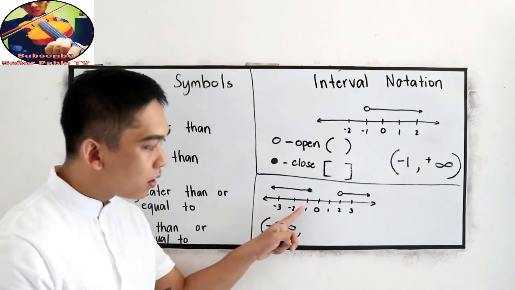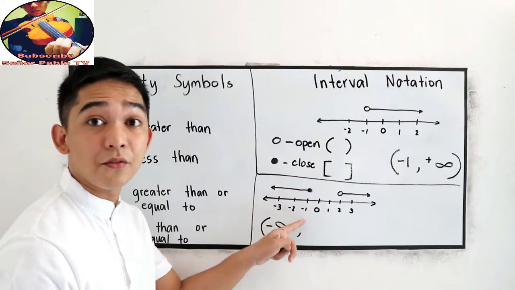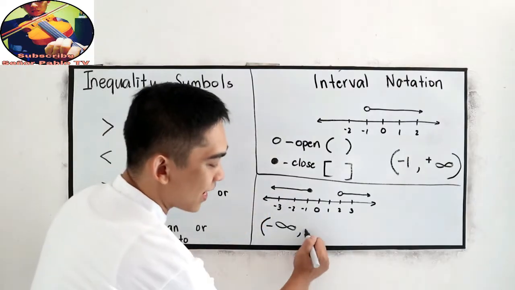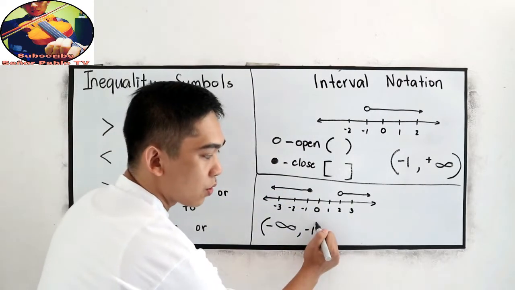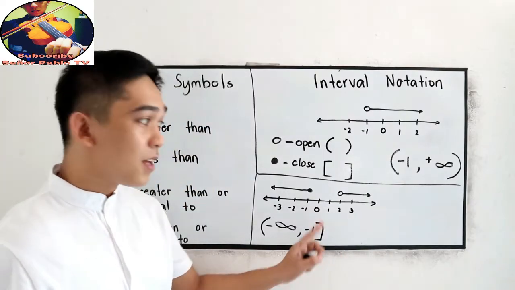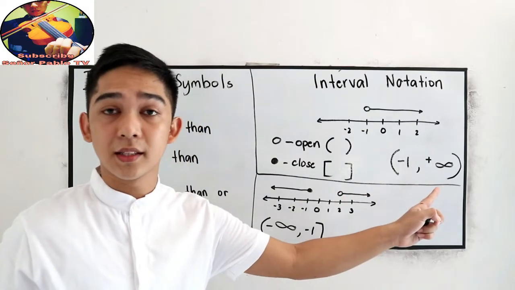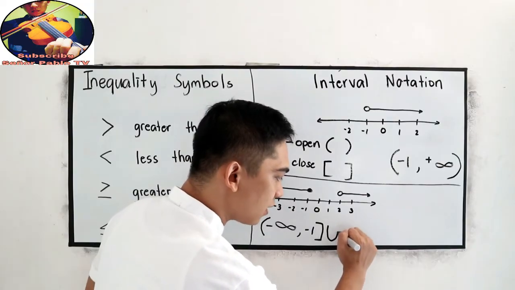Then -1, it is shaded. So that means -1 is included. So negative 1, since this is closed, we're going to close bracket. Now we have another answer on the positive side. So we're going to use union.